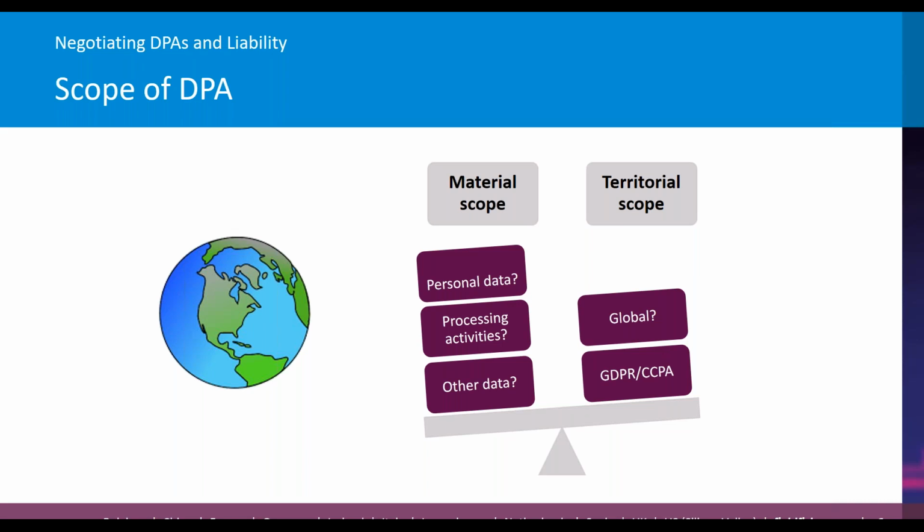And so if you're going into an arrangement with a vendor where they could be processing personal data on a global basis, there may be other regulatory requirements that impact, given the locations in which the data is going to be processed, or where the data originates from, that mean that you need to extend the scope of this to make sure that the vendor is not just agreeing to protect data that originates from Europe or the UK to the GDPR standards.